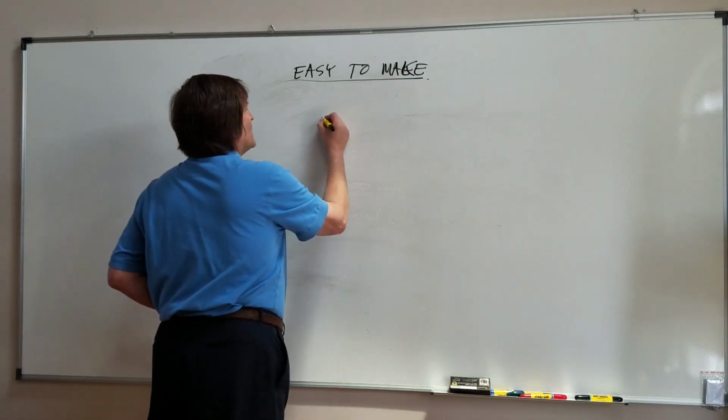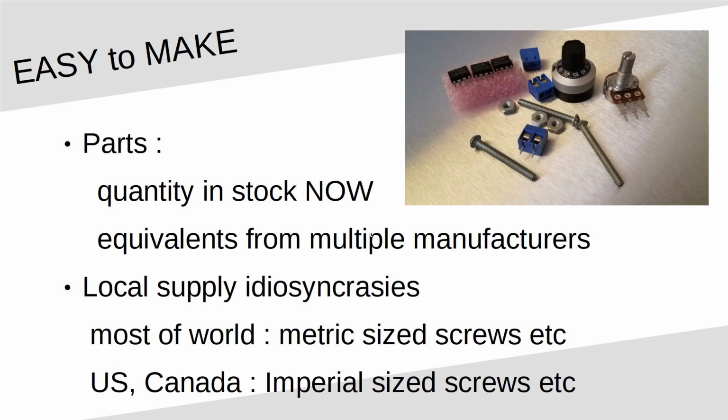And the first one is the parts that we're buying to make it. They need to be readily available, as generic as possible, and available, if at all possible, from multiple manufacturers. The good thing is you can often see on websites what's in stock and how much is in stock.